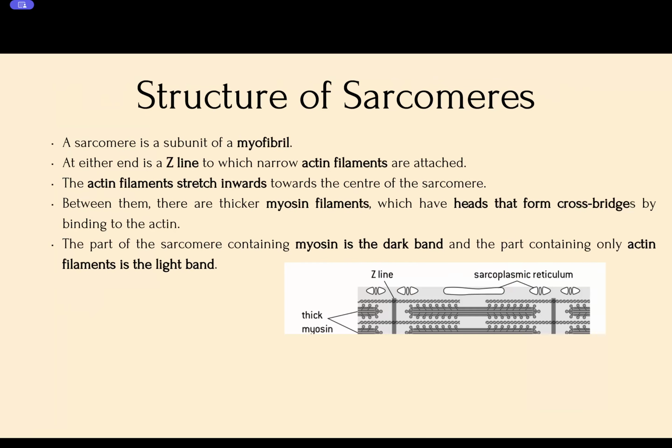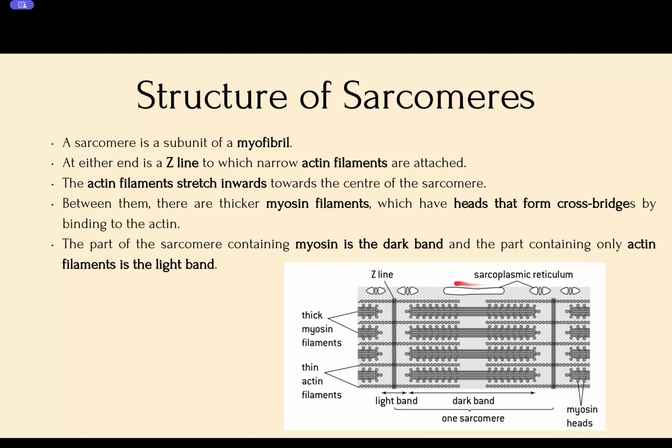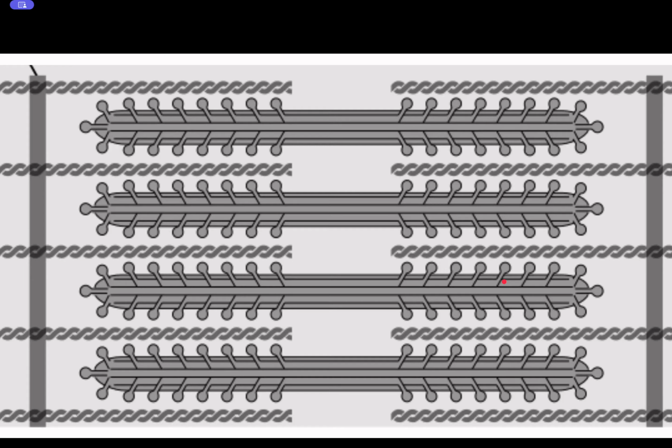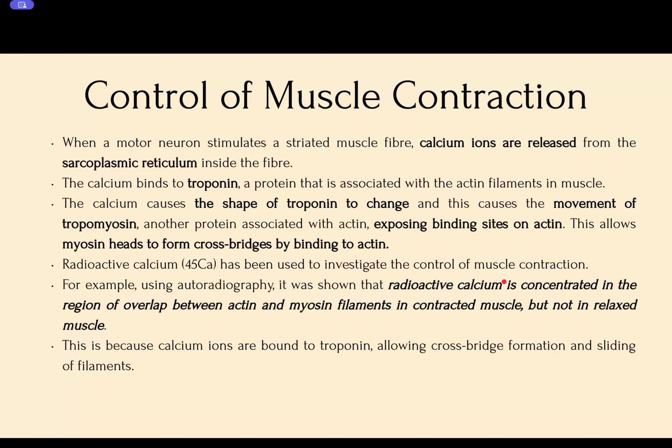So we know that, let me go back. This is the sarcoplasmic reticulum. This is what will release calcium ions. This calcium will then bind to troponin, which is a protein associated with the actin filaments.